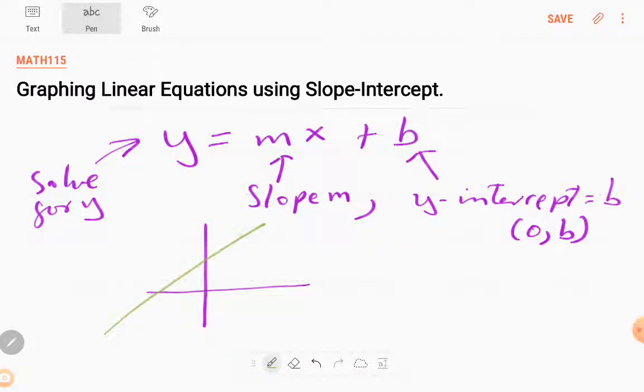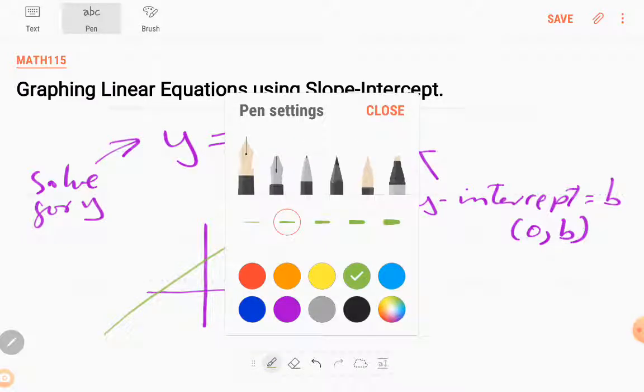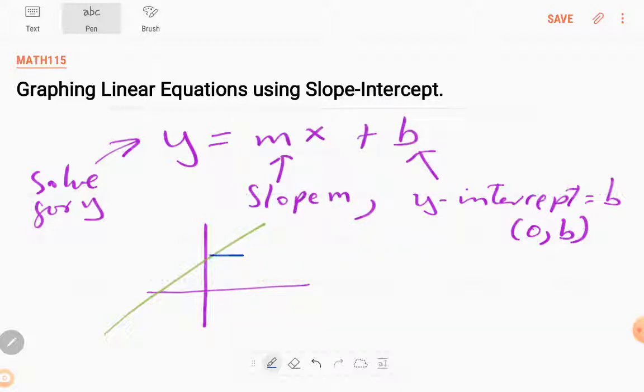So say we have a line coming this way. The intercept would be that point here, where we're crossing the y-axis. So this would be b; it has a value of b on the y-axis, and it would be at the point (0, b).